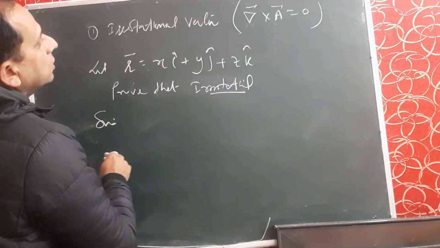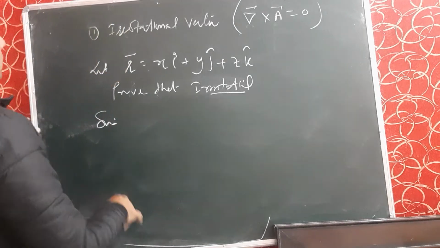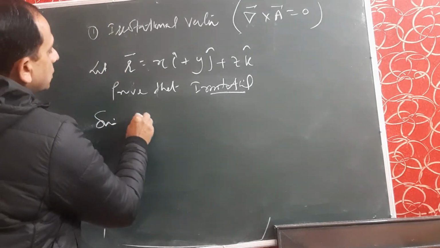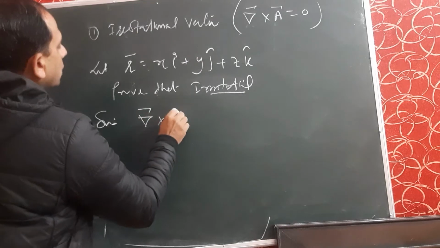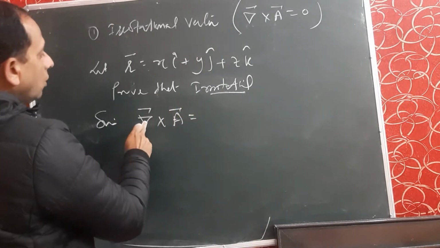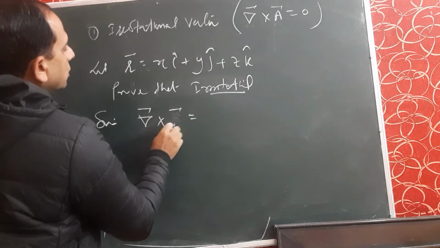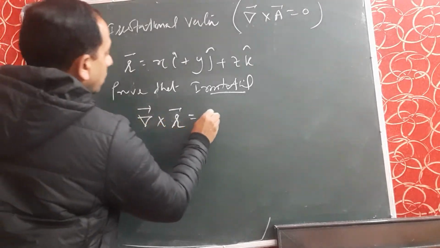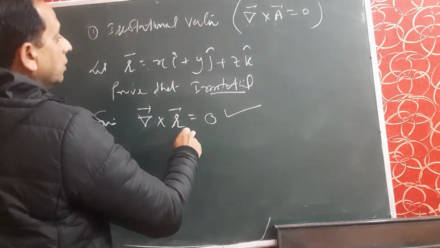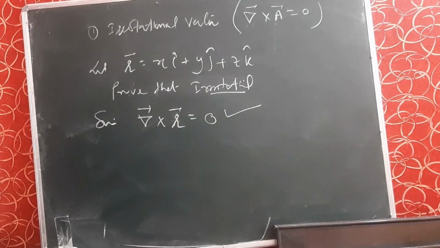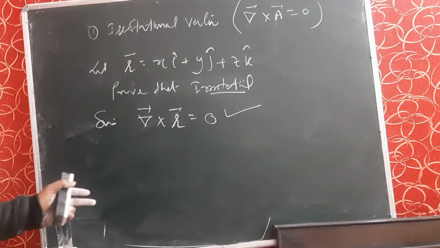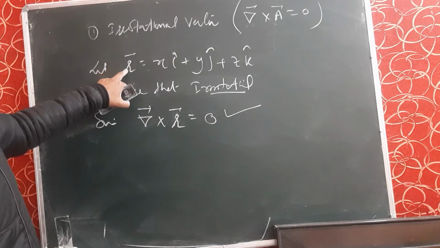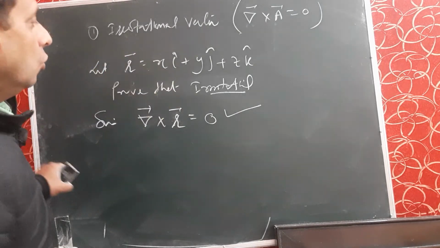For an irrotational vector, the curl of that vector, here it is r, so we may write this A as r. If the curl of this r becomes 0, it means the vector is irrotational. So we have to prove that the curl of this vector must be 0.